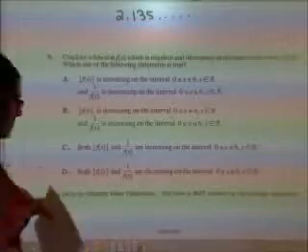Okay. Consider a function f of x which is negative and it's decreasing on the interval between 0 and 6 on the x-axis. Which of the following statements is true?